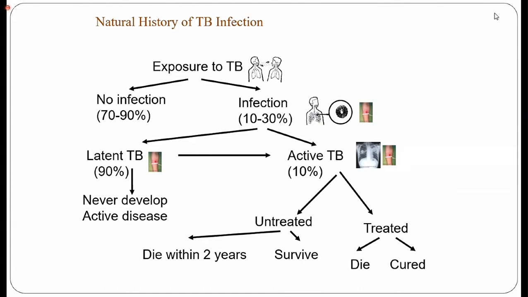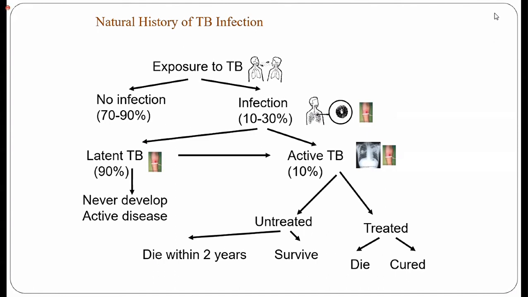However, 90% get latent TB. This is very important to know because in hospitals, you will learn later on, we usually screen healthcare workers for latent TB. You may have TB, but there are no symptoms, so you may be a source of transmission. This is what we call latent TB.